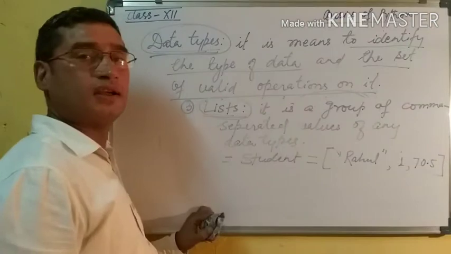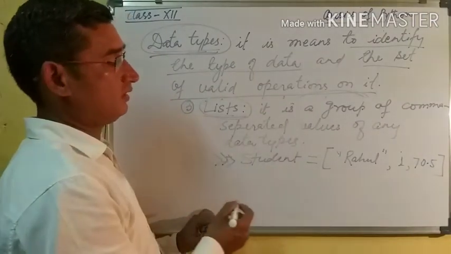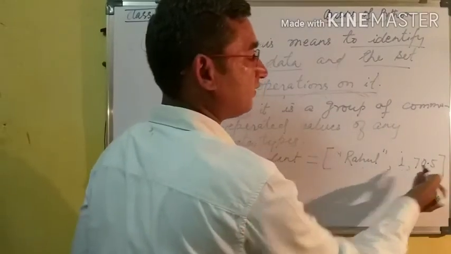This way, in this list, you have stored Rahul, 1 and 70.5.